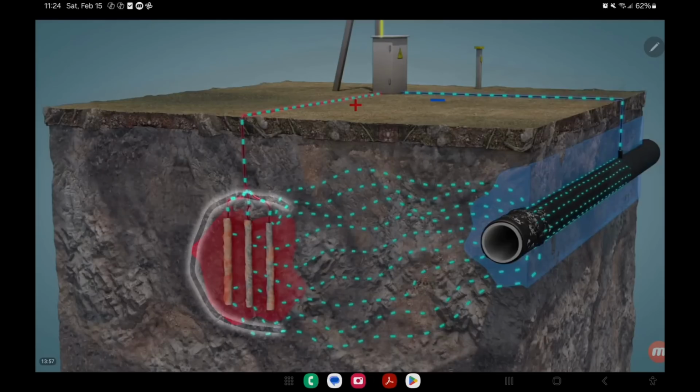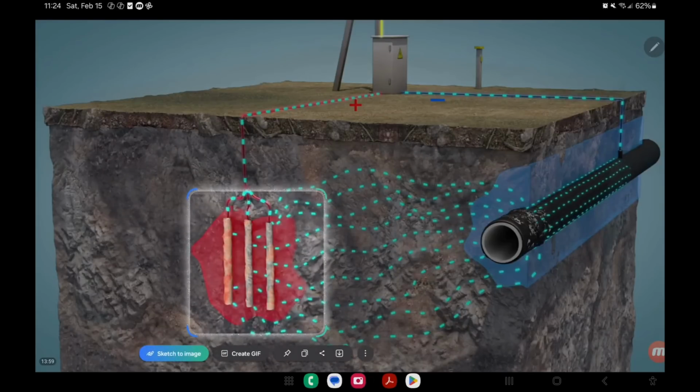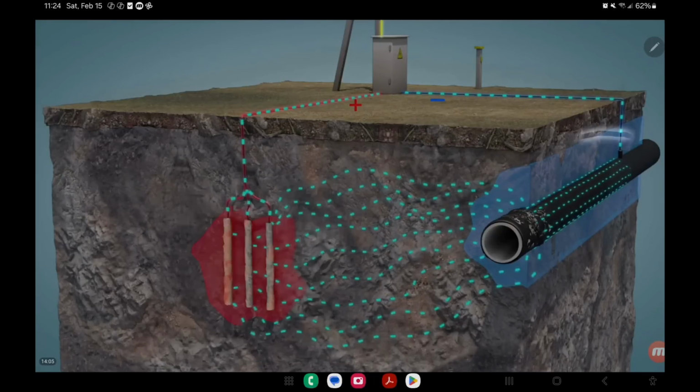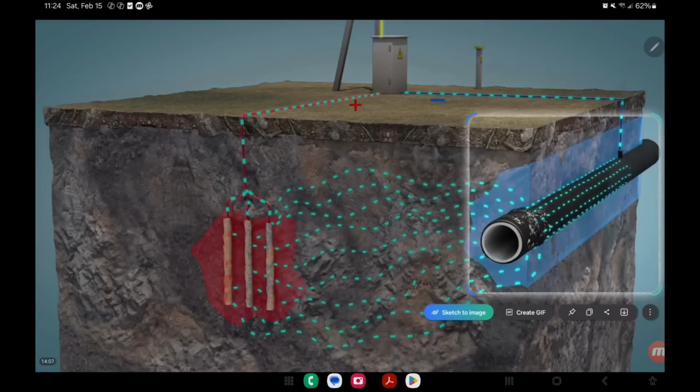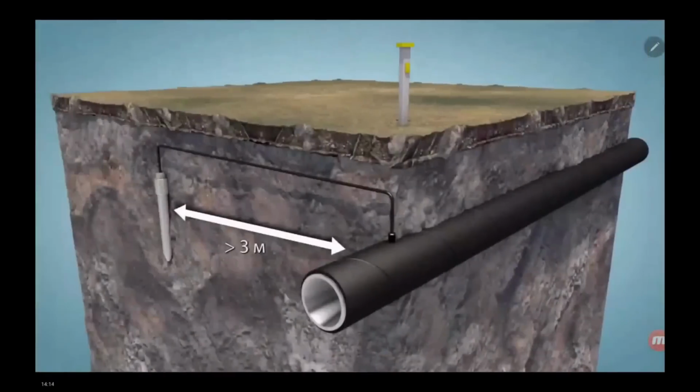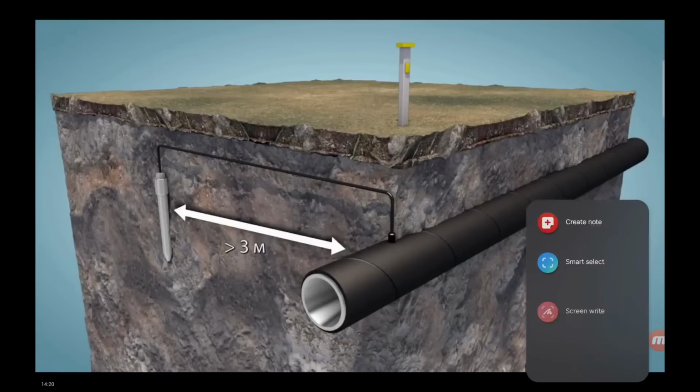It's already deteriorating, already being destroyed by the action of the electric current. But we calculate and estimate its useful life. The purpose is to protect the pipeline against corrosion. And you can see the electrical circuit in general. This is a sacrificial anode, this that you see here.